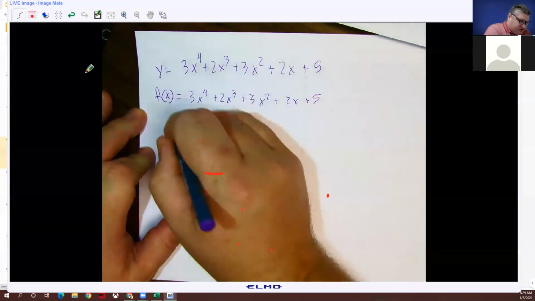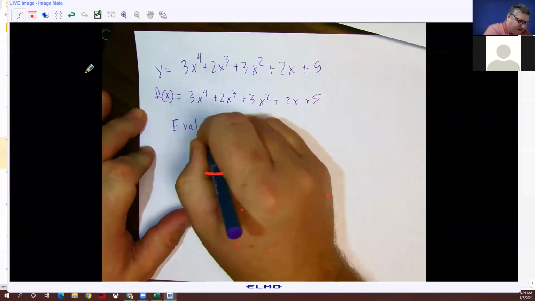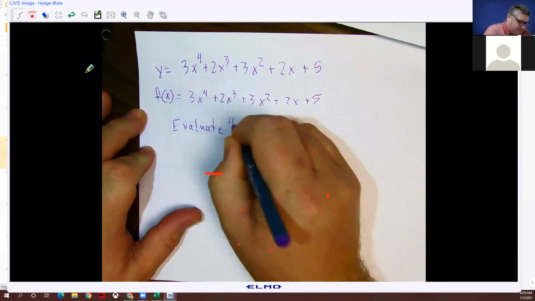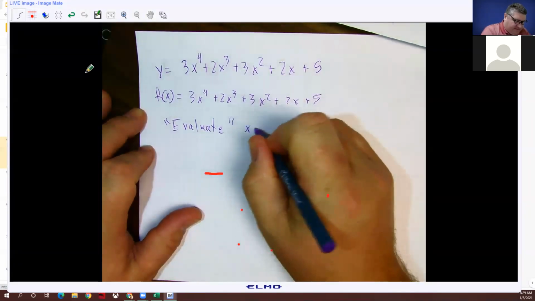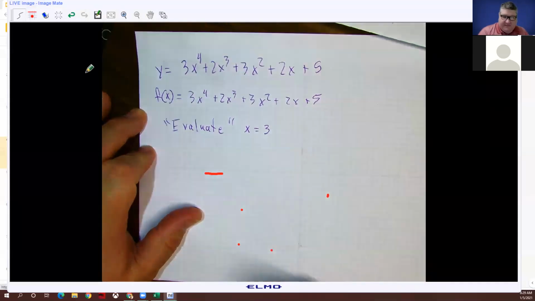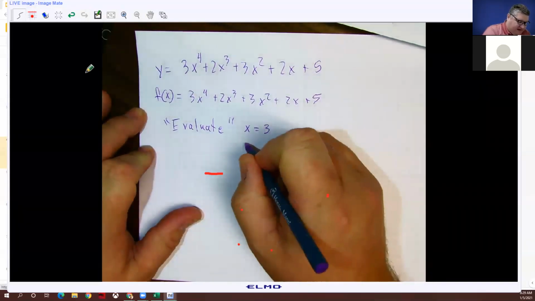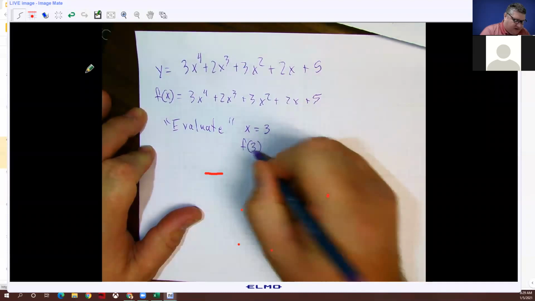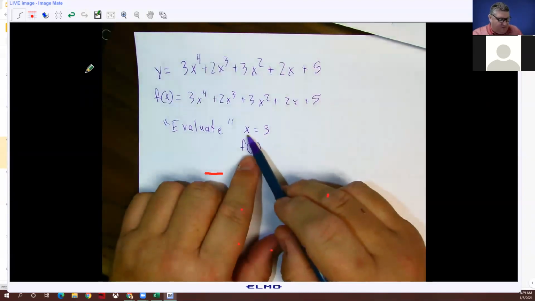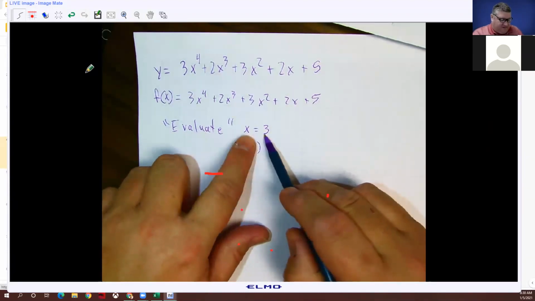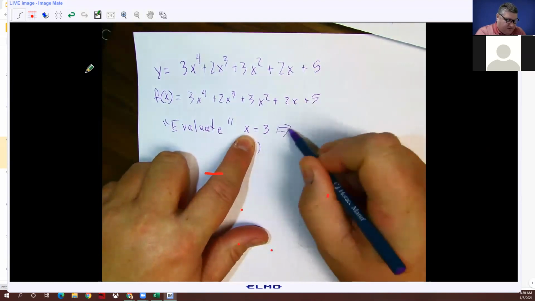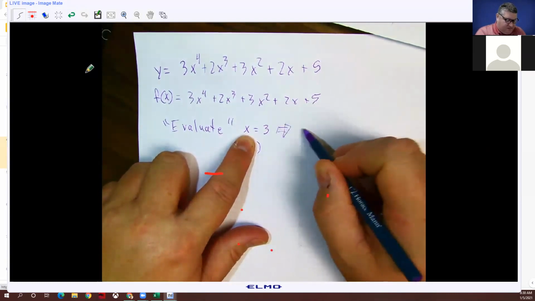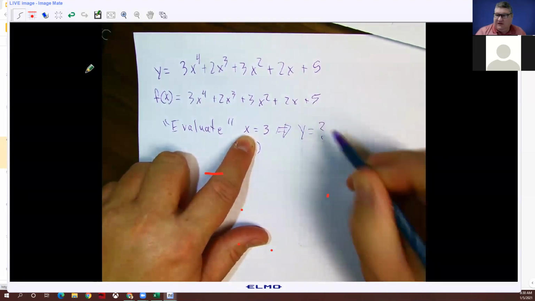If I want you to evaluate, that's a key word, evaluate at x equals 3. One way I could say that is f of 3. Now, folks, if I want to know what the answer is when x is 3, what would I do to figure out what the answer would be when x equals 3?